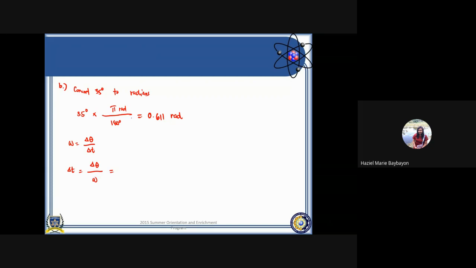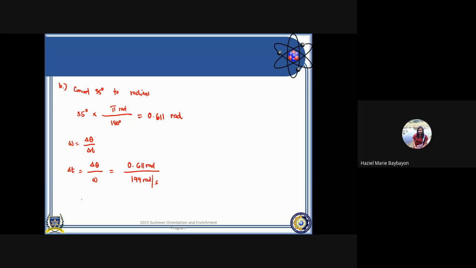Now, we are given with delta theta, the change in the angular displacement. So, na-turn daw siya into 35 degrees, meaning to say, siya ang change in the angular displacement. So, you have 0.611 radians divided by omega, which is 199 radians per second.